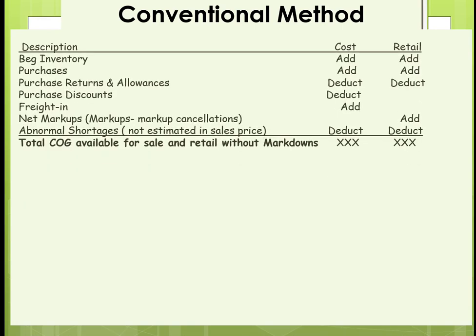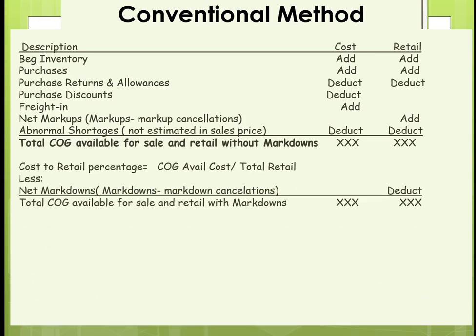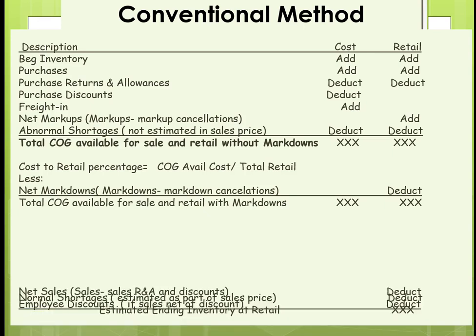We're going to take all of the same items, except we're not going to include our markdowns. Okay, so what we're going to do is we're going to stop here, and then we're going to do our percentage. Then we're going to take away our markdowns.